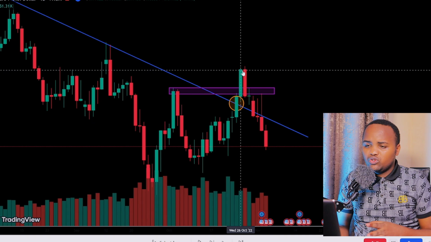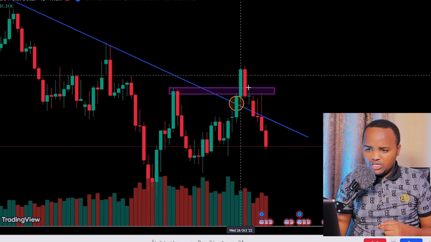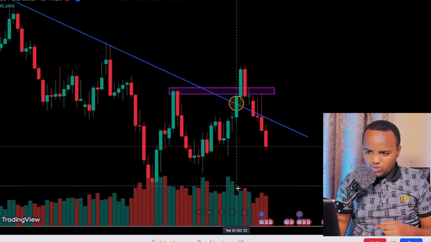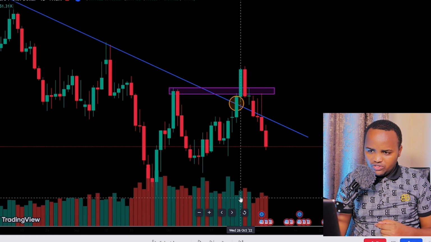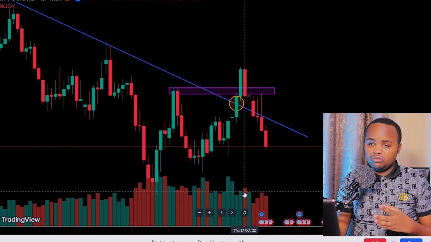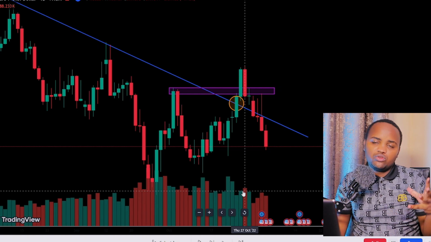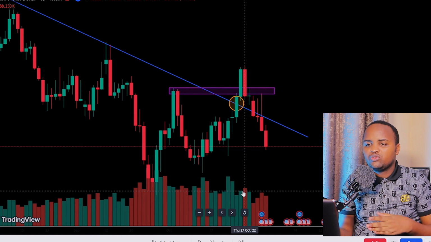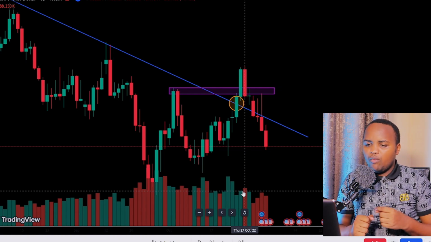Assume this market was across this area. What I can actually do is, because now the volume has been increasing across this, if you look so well, you'll notice that the volume is now decreasing. So I can just wait, it means that this market is not going to continue moving so fast. So there's a possibility it can go all the way back.